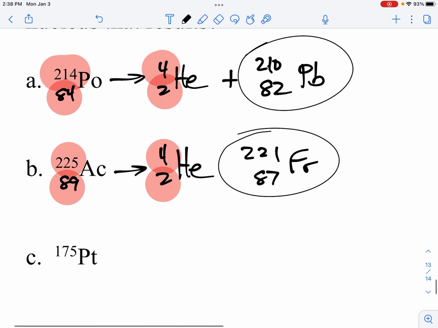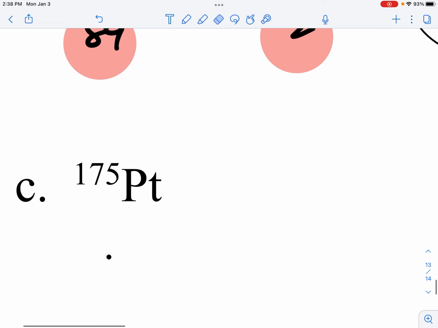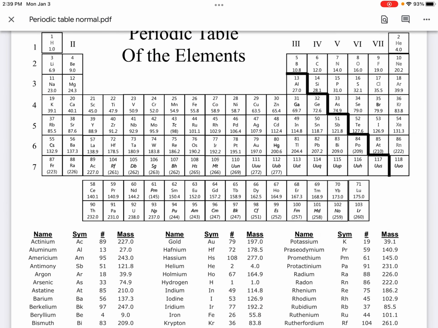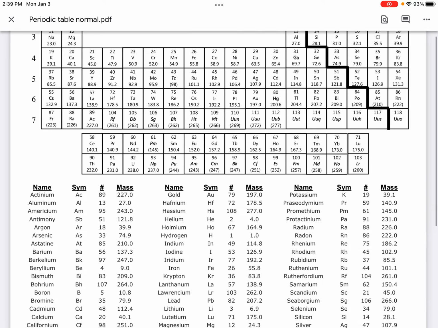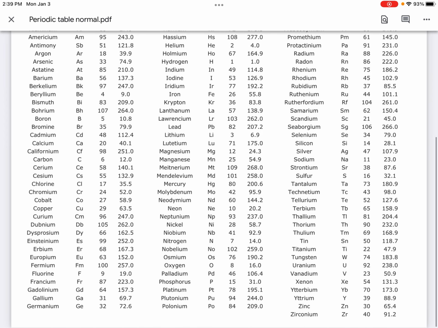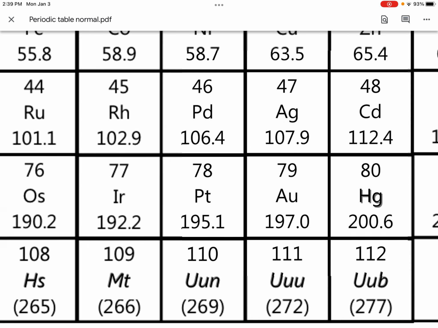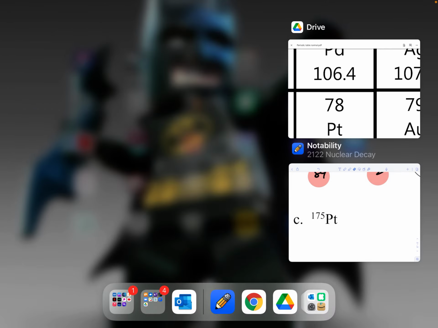What if you have some radioactive platinum here? So platinum-175, what goes on with him? Well, let's see. Let's find platinum. Here he is. And for some of you, this might be the longest process, finding the element. Please be aware that they are alphabetically arranged here as well. You can always check down here if you don't know where they are in the periodic table or can't find them. So platinum is number 78.